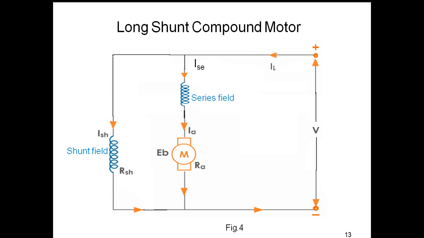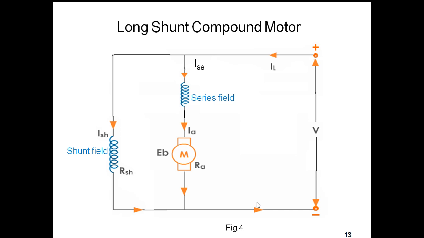These equations can be written from the circuit diagram. And EB is equal to V minus IA into (RA plus RSC).